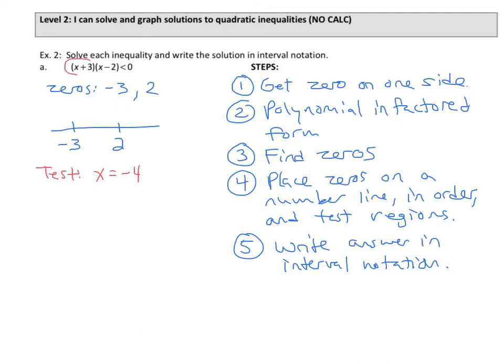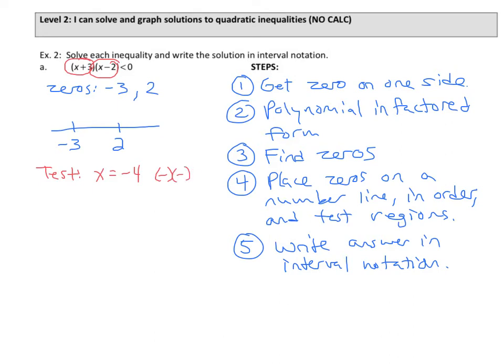So I'm going to plug -4 into the first factor, and -4 plus 3, all I care about is if it's positive or negative. If I do -4 plus 3, I'm going to get a negative. And then I'm going to plug -4 into the other factor. -4 minus 2 is also negative.